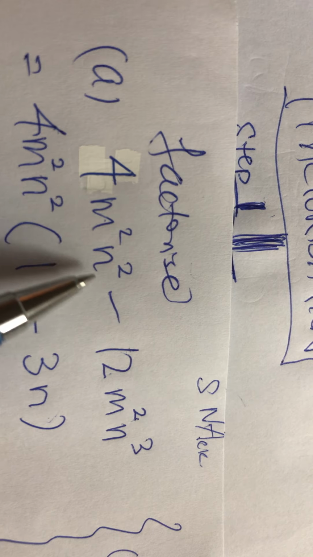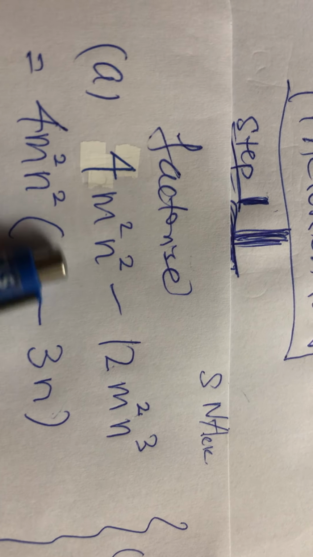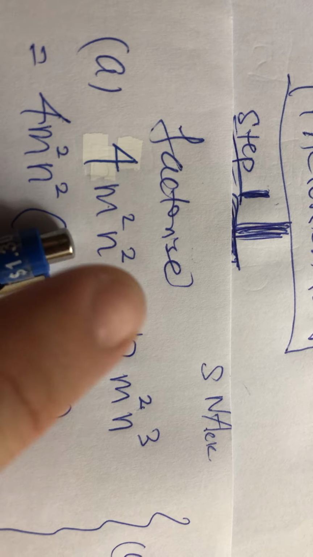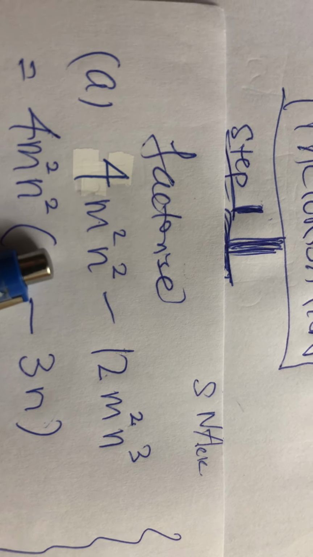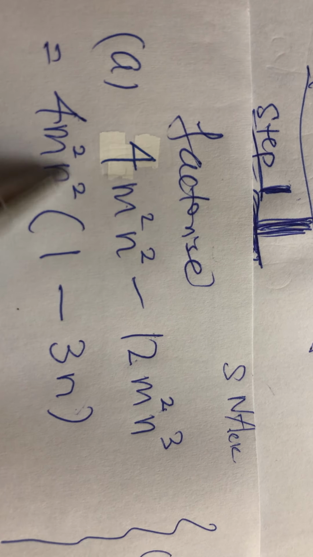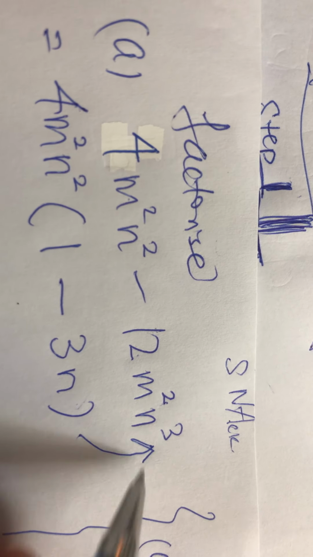Now, a very common mistake is to not write the 1 here. A lot of students have this wrong idea that once I've taken 4m square n square out, there's nothing left. That's not true, because if you were to expand what you have factorized, you should get back this.